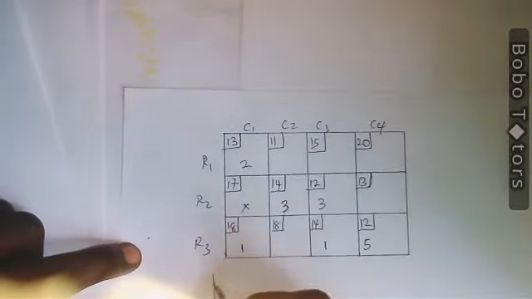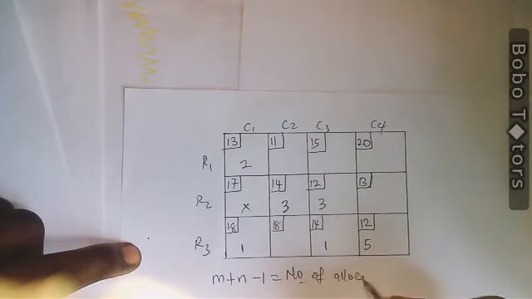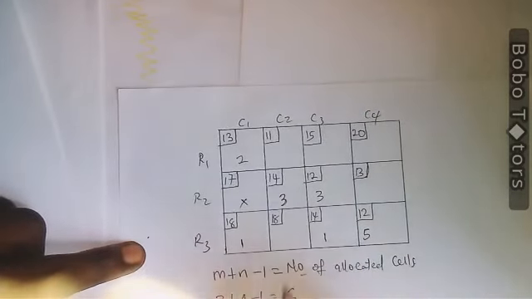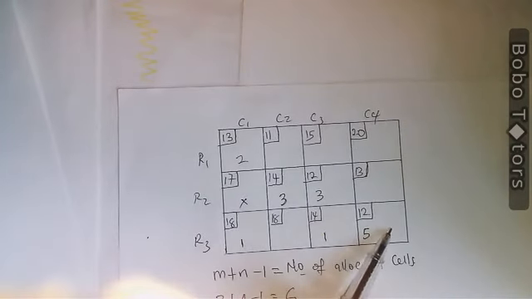So you see m plus n minus 1 must give you number of allocated cells. So your m is 3, your n is 4 minus 1. That will give you 6. So let's count. 1, 2, 3, 4, 5, 6. Can you see now? So you see satisfy that condition.